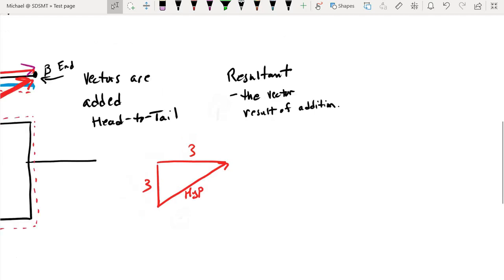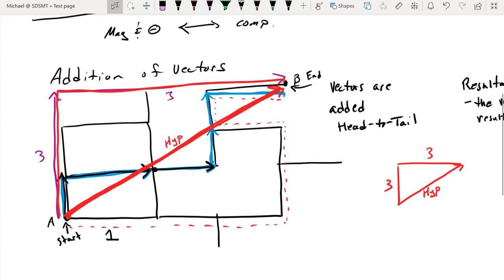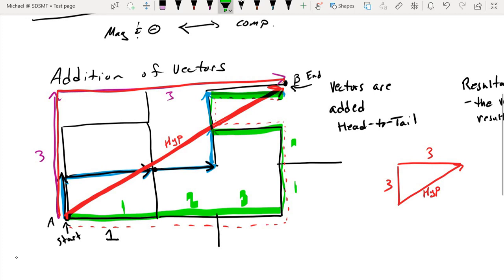But as we said, it really doesn't matter how we get from point A to point B, even if we took one of these backtrack routes. I could have gone over 1, 2, 3 to the east, up 1, 2, but then I'd have to backtrack 1 in the east.